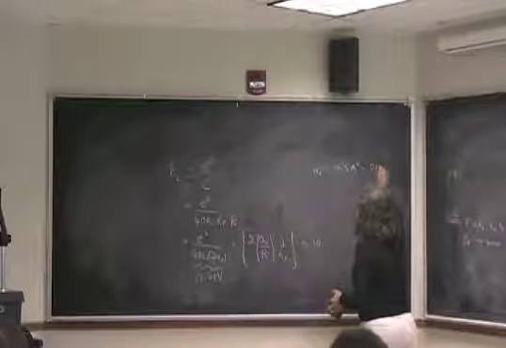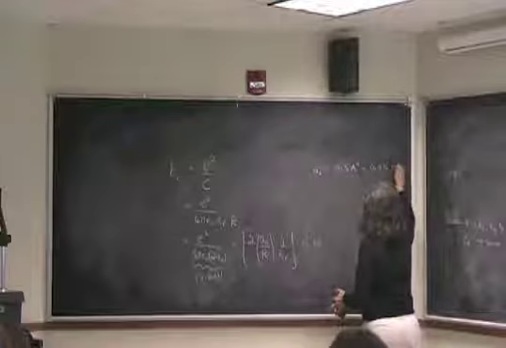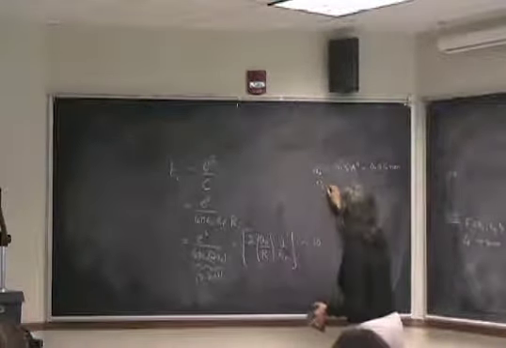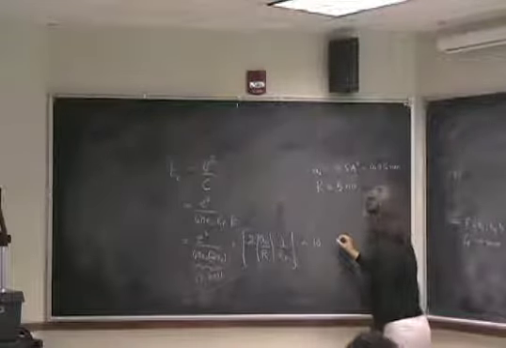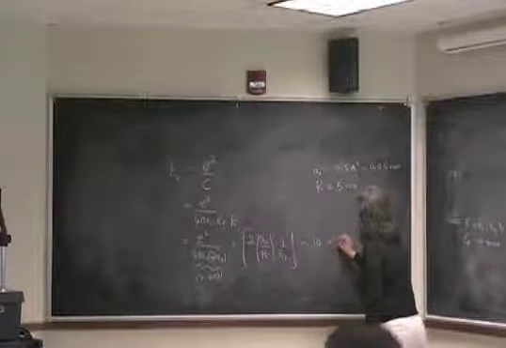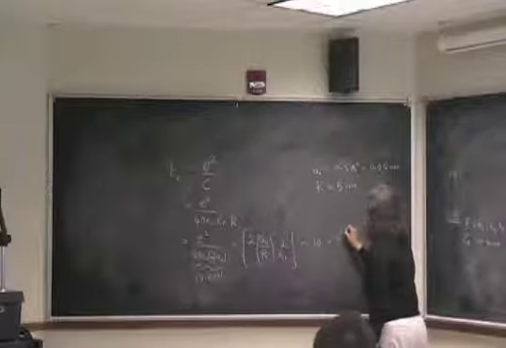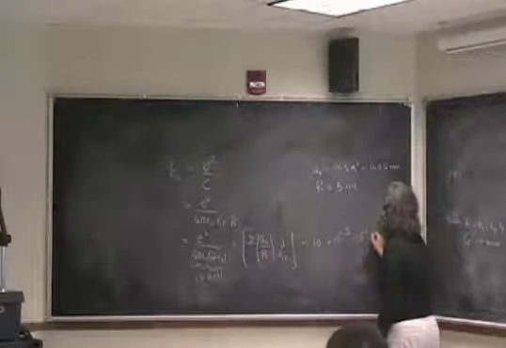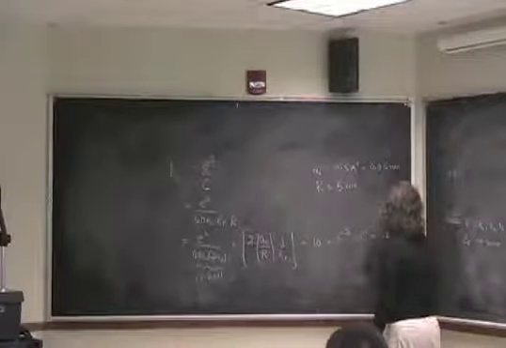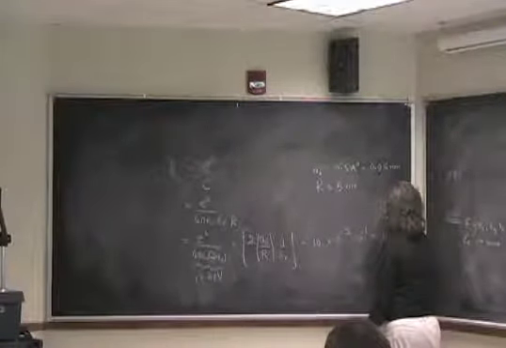So that's 0.05 nanometers. And our r is 5 nanometers. So that itself is 10 to the minus 2, and then we get another 10 to the minus 1. So that's 10 to the minus 2 eV.